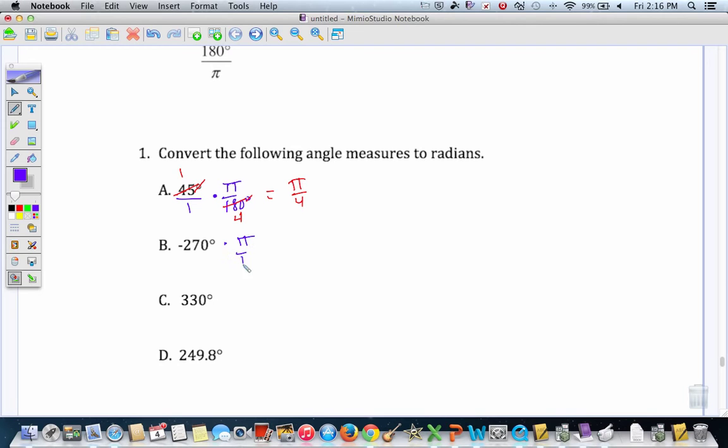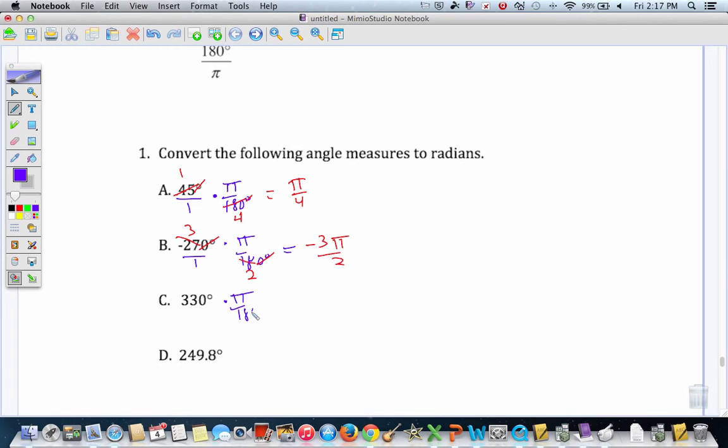A couple more times here. Our unit conversion again is pi over 180. I'm going to put the negative 270 over 1. Show the same canceling. This time I'm going to knock off the 0 and the degree symbol, dividing by 10 and canceling the degrees. Then 27 and 18 can both be divided by 9, so we wind up with negative 3 pi over 2 as our radian measure for negative 270 degrees.